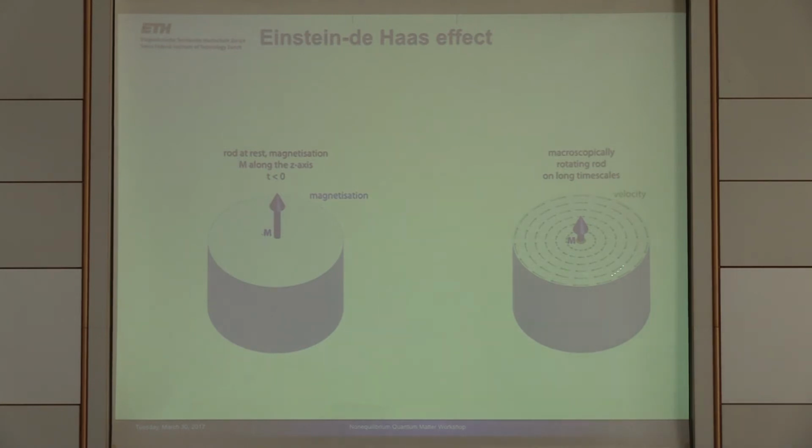Eventually, it should go to a macroscopic rotation of the entire rod. That's the conventional Einstein-de Haas effect. What you're doing is switching the magnetization to the other direction, and you see the rotation. But the same kind of thing should work if you somehow decrease the magnetization in the spin system completely. That should be made up for by a rotation of the atoms in the lattice on long time scales.